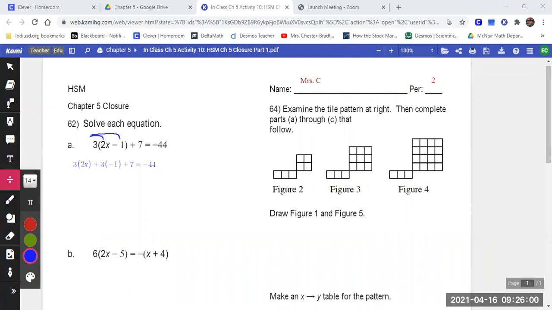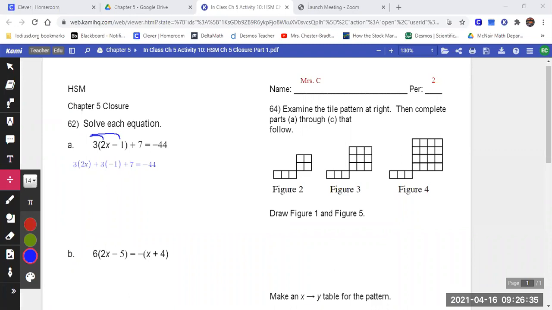Okay, so what would we do now? Come on, guys. What would we do now? Yep, a parentheses.